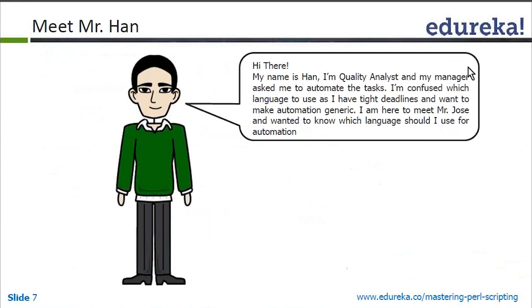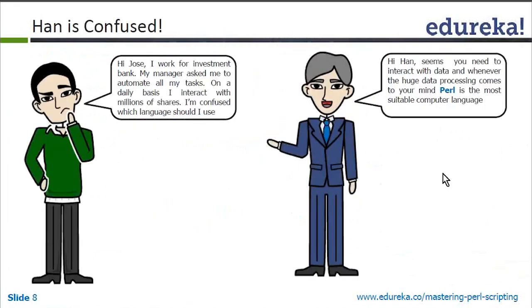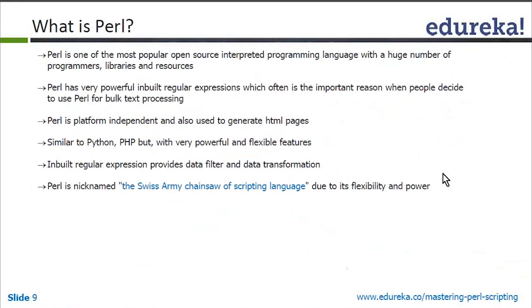Okay, so I'll move to the next slide. What is Perl? Perl is one of the most popular open source interpreted programming languages with a huge number of programmers, libraries, and resources. When we talk about an interpreted language, it is not like C or C++ where you have to compile the entire code after making code changes.